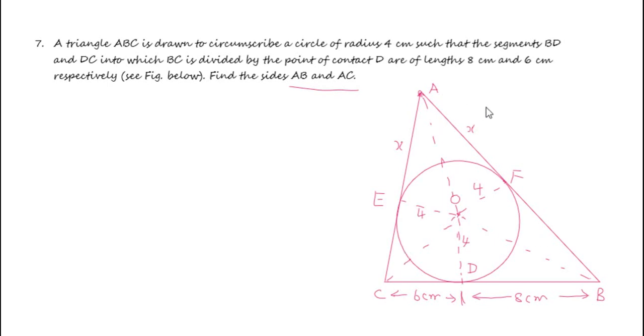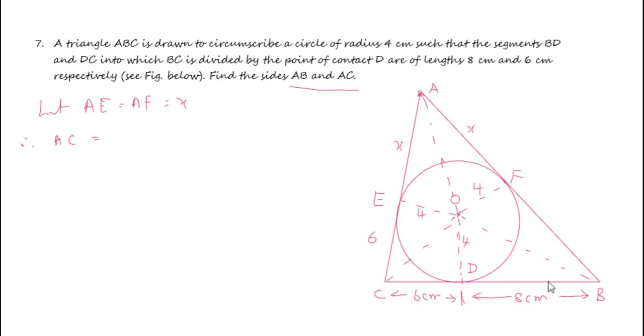Now let us take the distance AE and AF as x. These two are equal because they are the two tangents from an external point to the circle. Let AE equal to AF equal to x. Therefore AC equal to, now DC equal to 6 cm, therefore CE is also equal to 6 cm.